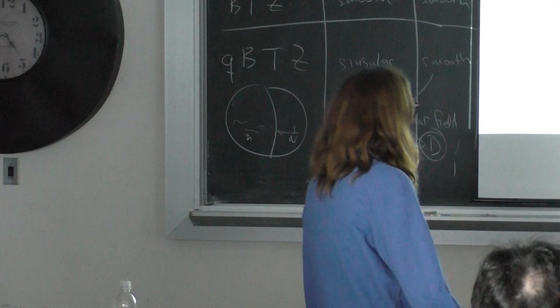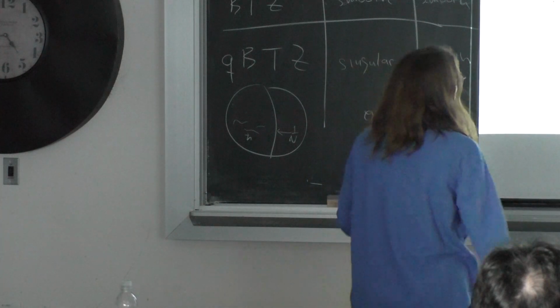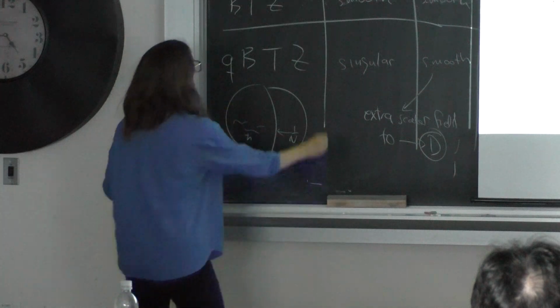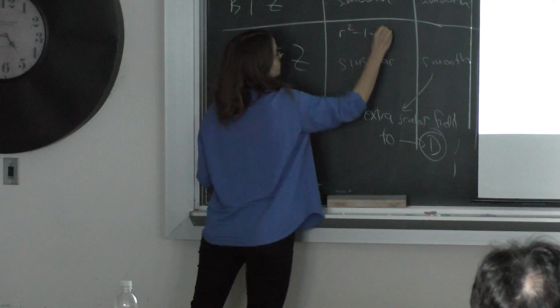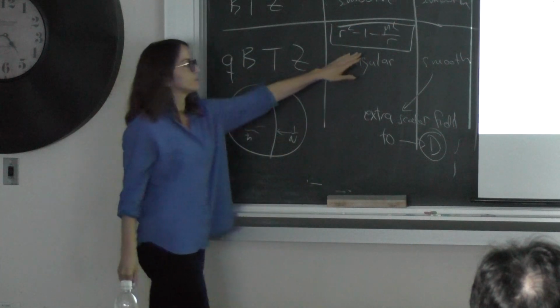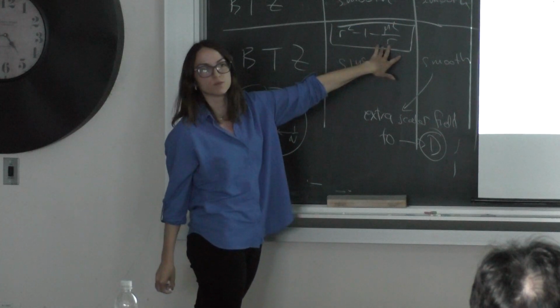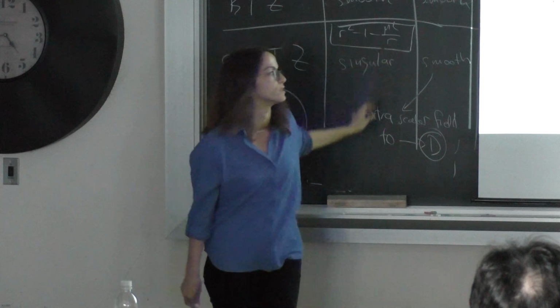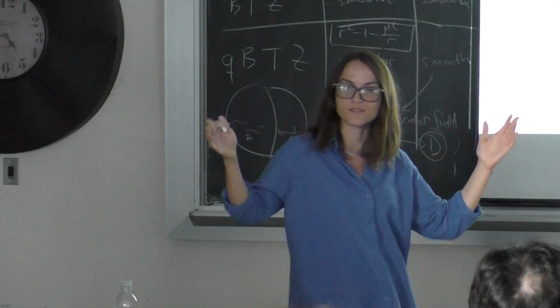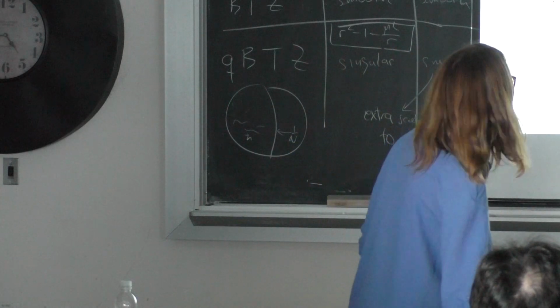Now the interesting part is that this modified JT now incorporates space-like curvature singularities. If you were to calculate the Riemann tensor, it would go to infinity at r equals 0. So now I have a dilaton gravity which has space-like singularities.